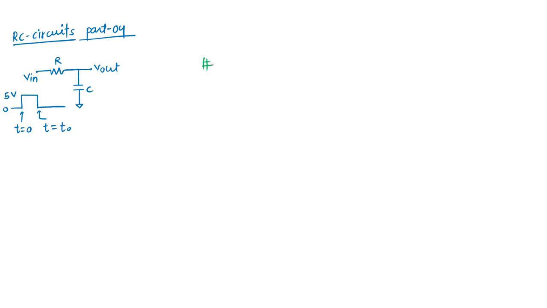characteristics. So what we have seen for the step input, the capacitor voltage was coming something like this for the 5 volt step. The final value was near 5 volt. VC(t) is equal to Vout(t).